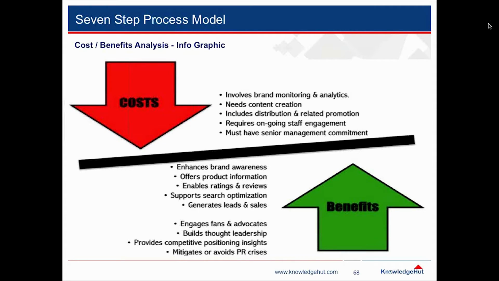Your costs involve thinking about the brand that you have, the content creation, and benefits, for example, is more around, do you with your brand really build leadership in your space, which you're active as a company or organization, service provider, and how that what you're doing is enhancing the brand.